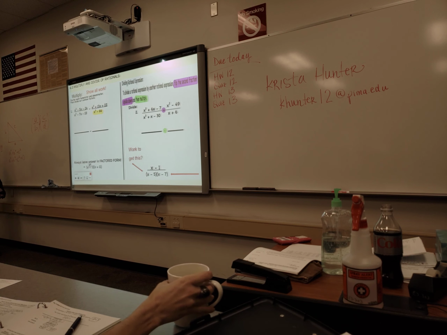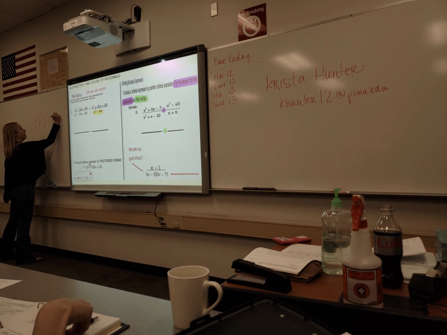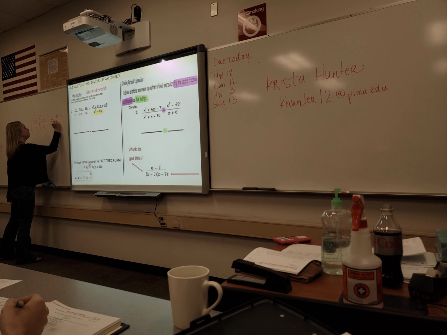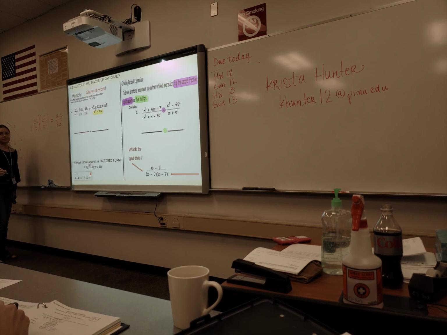When I multiply them together, I get AC over BD. Anybody want to fight me on this one? Okay, cool. If I have A over B and I divide by C over D.